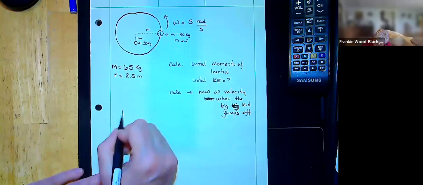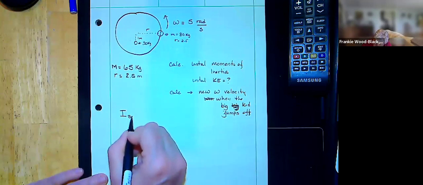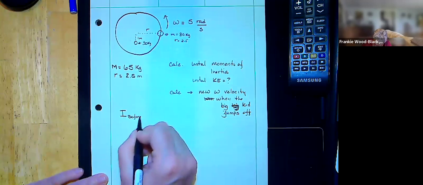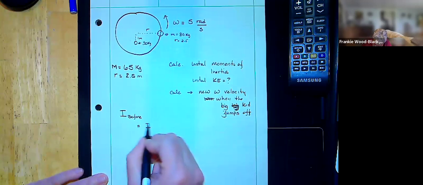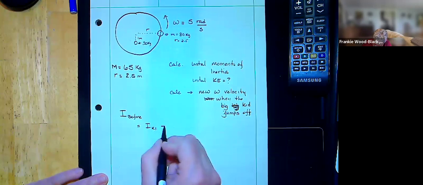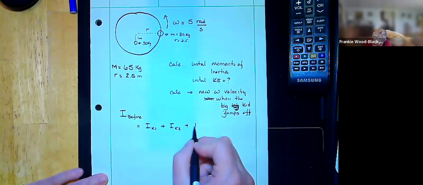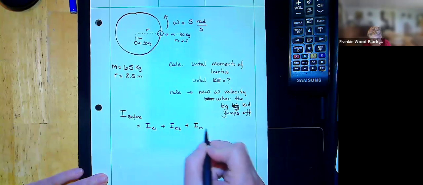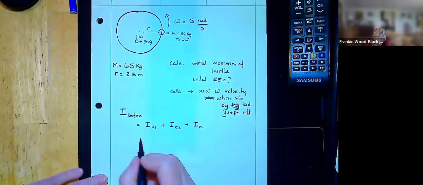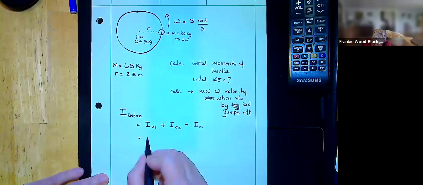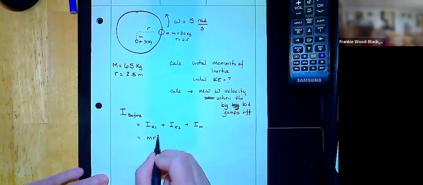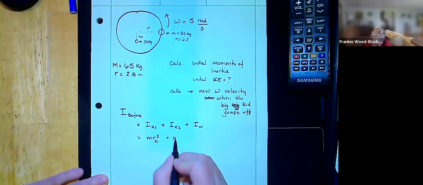So let's look at the moment of inertia before. This is going to equal the moment of inertia of kid 1 plus the moment of inertia of kid 2 plus the moment of inertia of the merry-go-round. This is going to be mr squared for kid 1. This will be mr squared for kid 2.